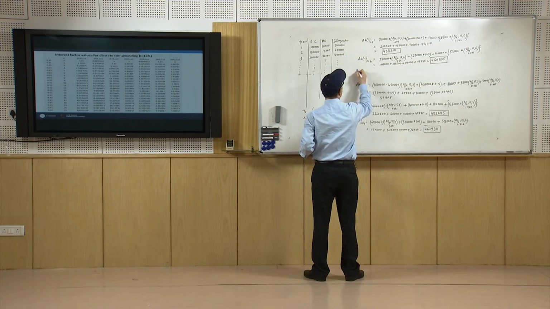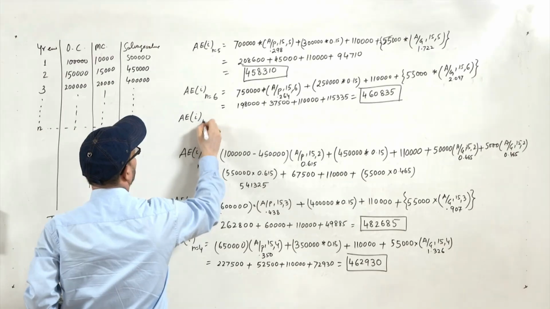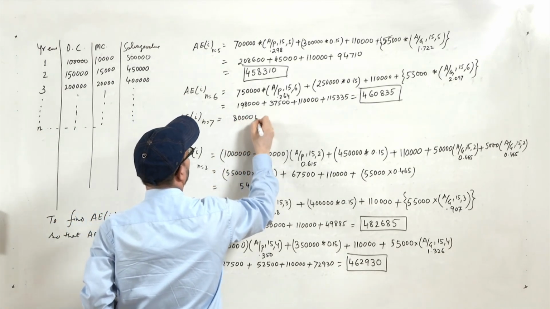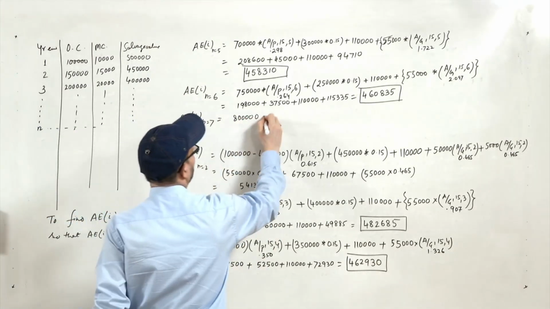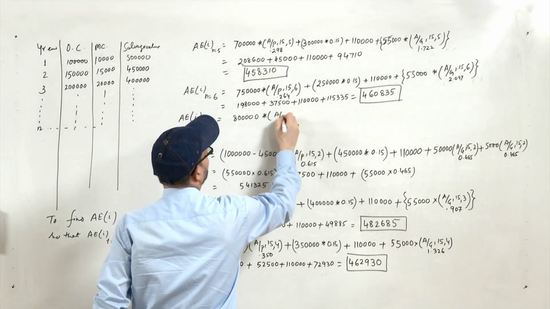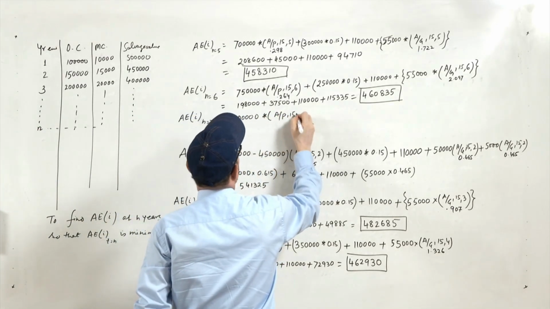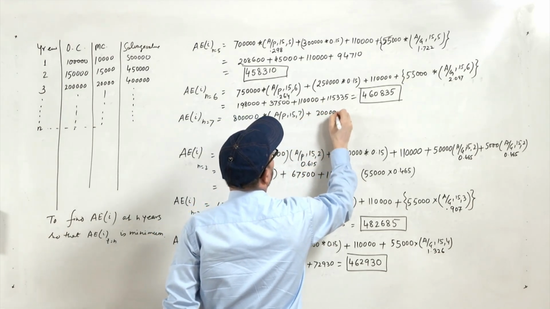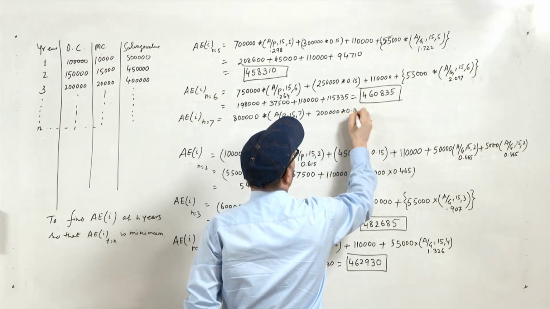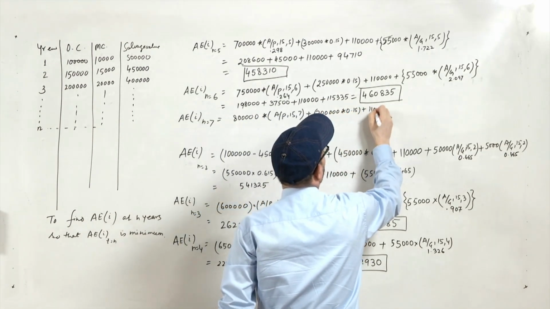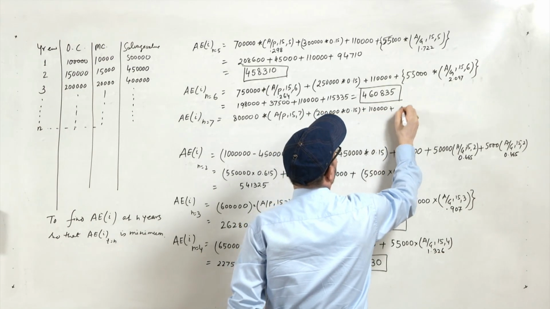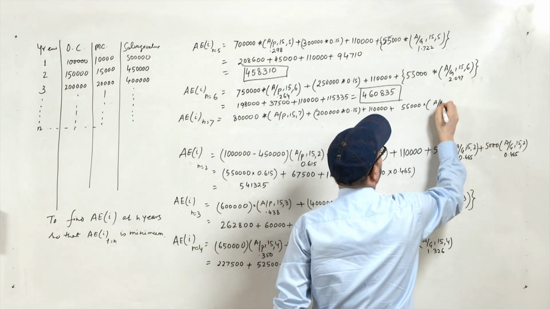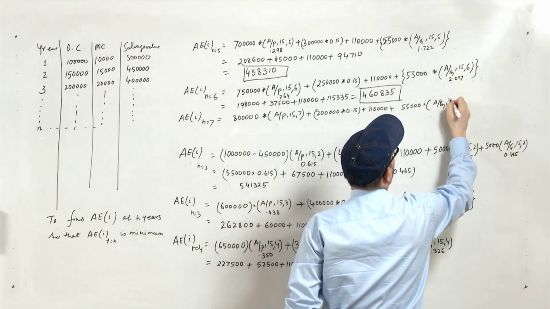So, for 7 years it will be 8 lakh multiplied by A by P 15.7, plus 2 lakh multiplied by 0.15, plus 1 lakh 10,000, plus 55,000 multiplied by A by G, sorry, 15.7.